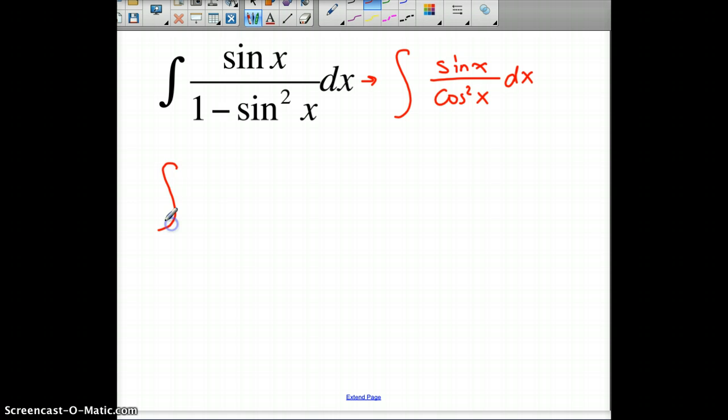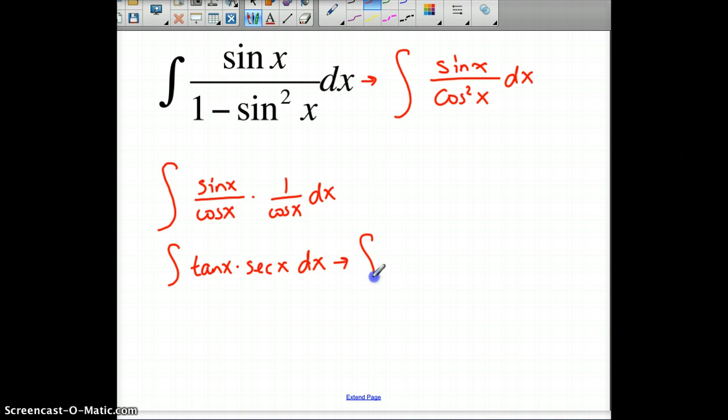And then we could think about sine x over cosine x times 1 over cosine x. Sine x over cosine x is tangent, and 1 over cosine x is secant.